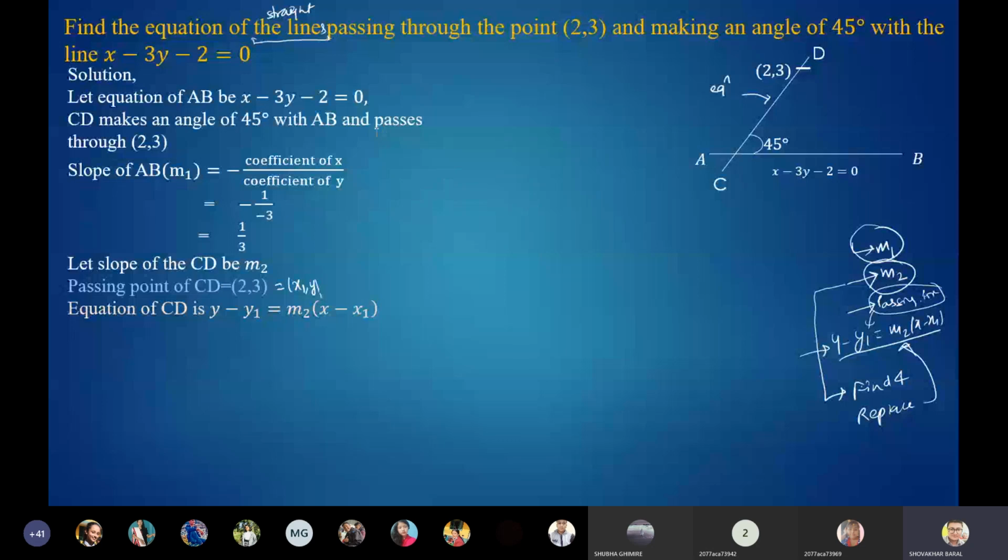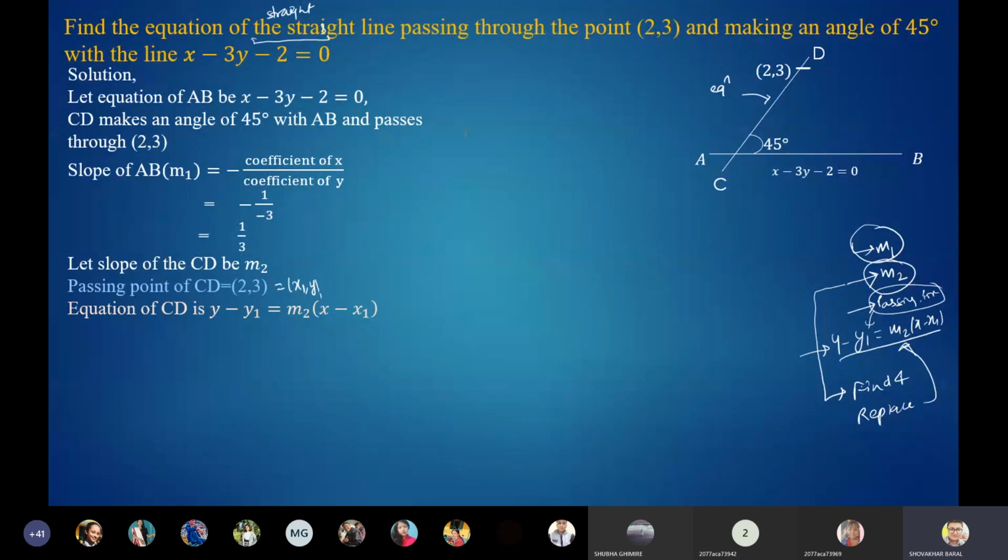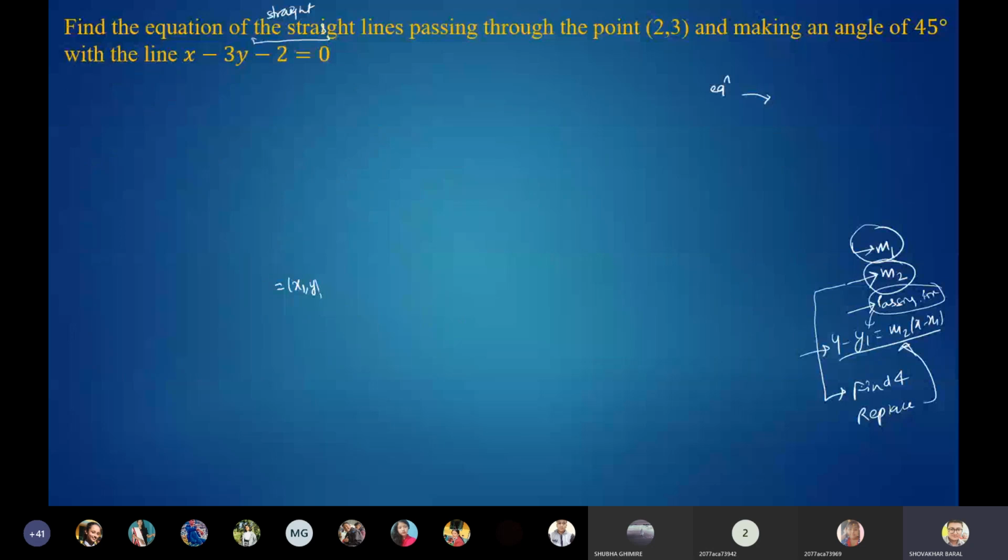Just wait for a few minutes. Okay, the passing point of CD x1 comma y1. Just wait for a minute. I'm going to correct it here. x1 comma y1.